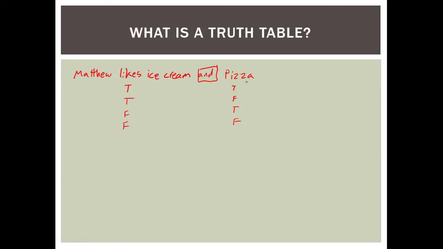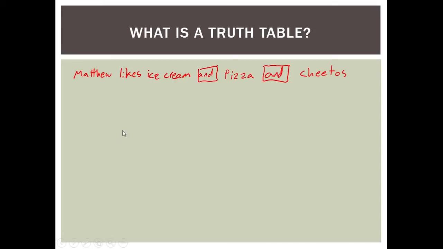Then if we added another variable, so now Matthew likes ice cream and pizza, and let's add a third component. Let's go Cheetos. We've got to add some more truth variables to that.